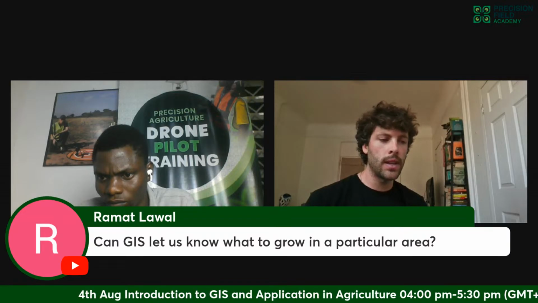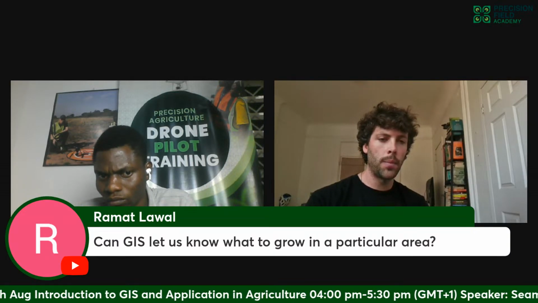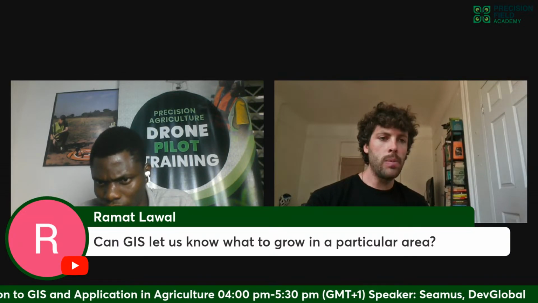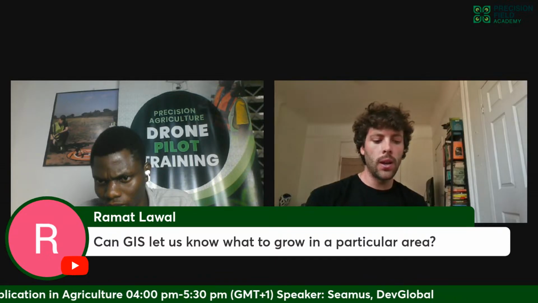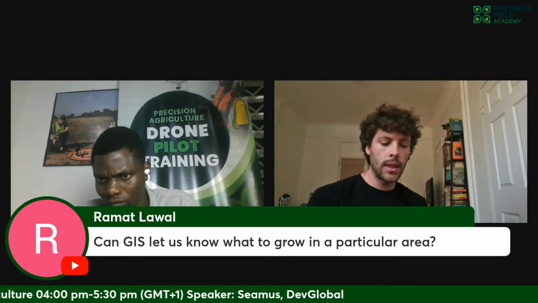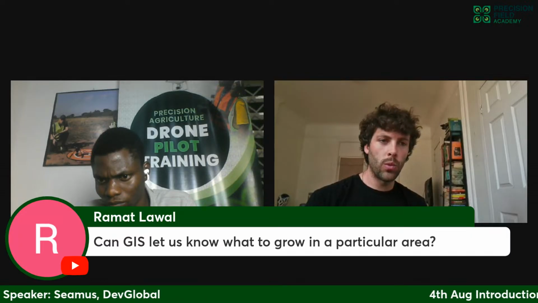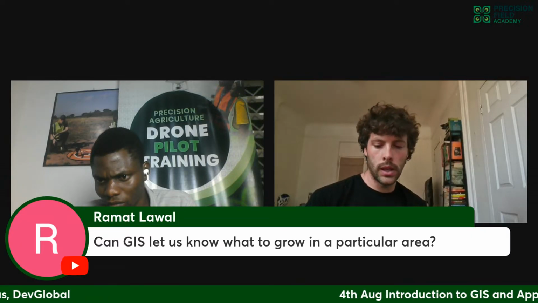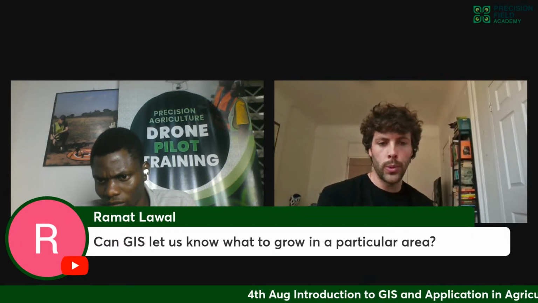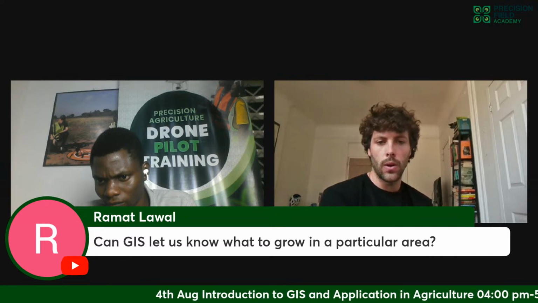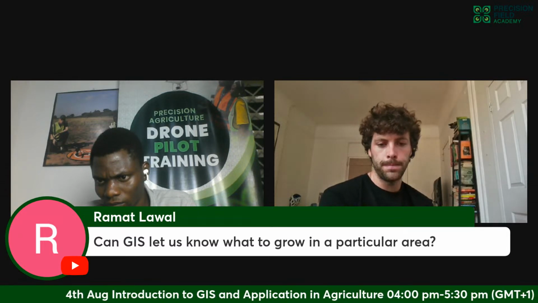That's all GIS is at the end of the day: it's just working with data, and it's helping you make a decision that you were going to make anyway, but in a more informed way. So it can definitely help you know what to grow in a particular area.